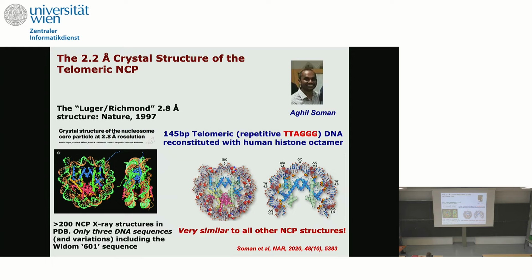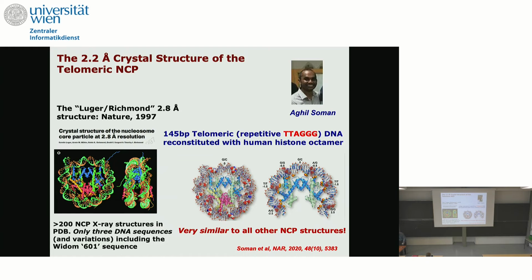Somewhat surprisingly, it's very similar to other nucleosome core particle structures that have been determined both by cryo-EM and X-ray. There are many of them, but there are not many different DNA sequences. So that was perhaps a bit surprising.